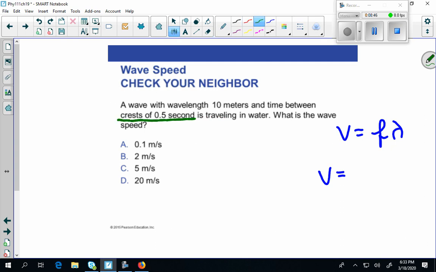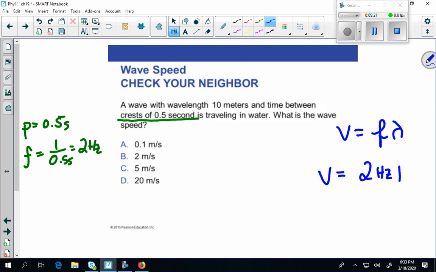So if the period is 0.5 seconds, that means the frequency is 1 over 0.5 seconds. So it's 2 hertz. That means it's completing 2 cycles every 1 second, because it takes half a second to complete 1 cycle.